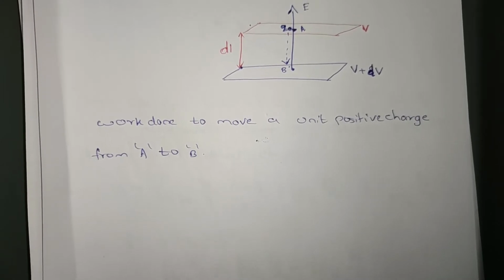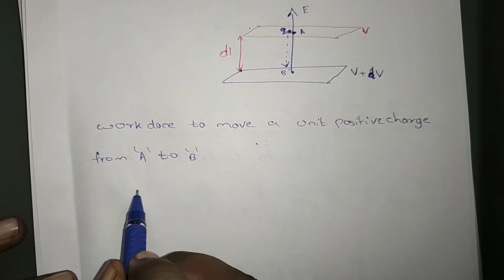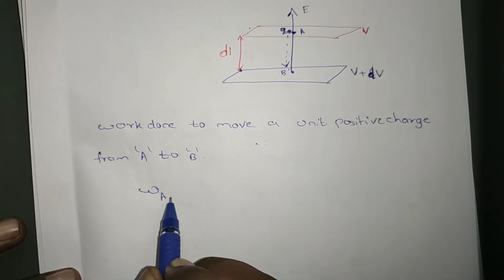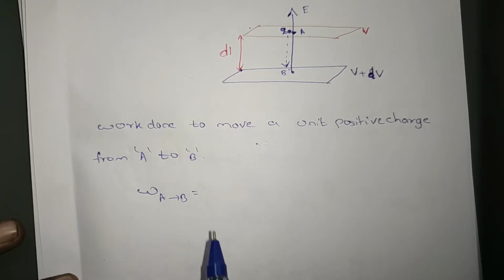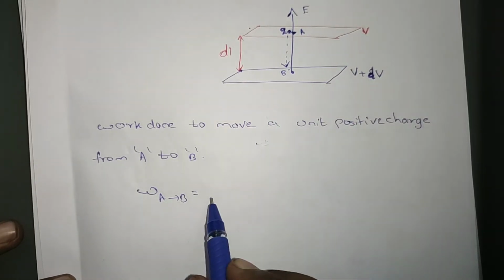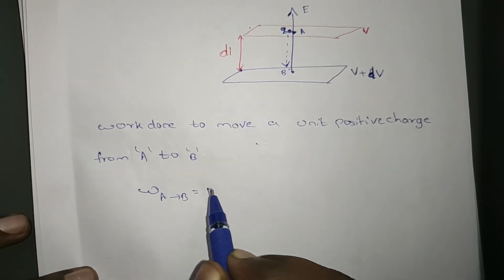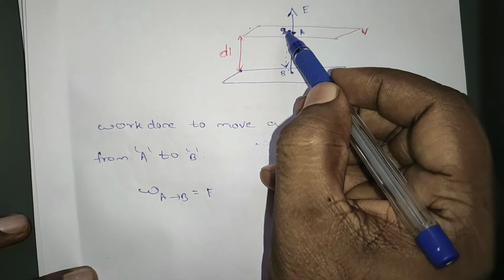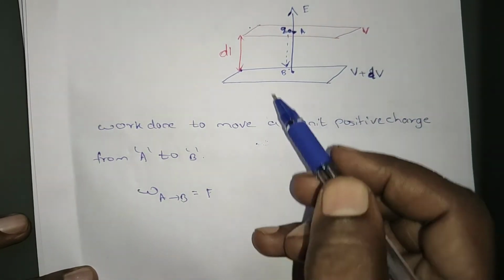We already know the formula: the work done to move a charge from one point to another, A to B, is equal to force times displacement. Here, what is the force? If we need to bring this Q0 from here to here, there is a positive charge here.